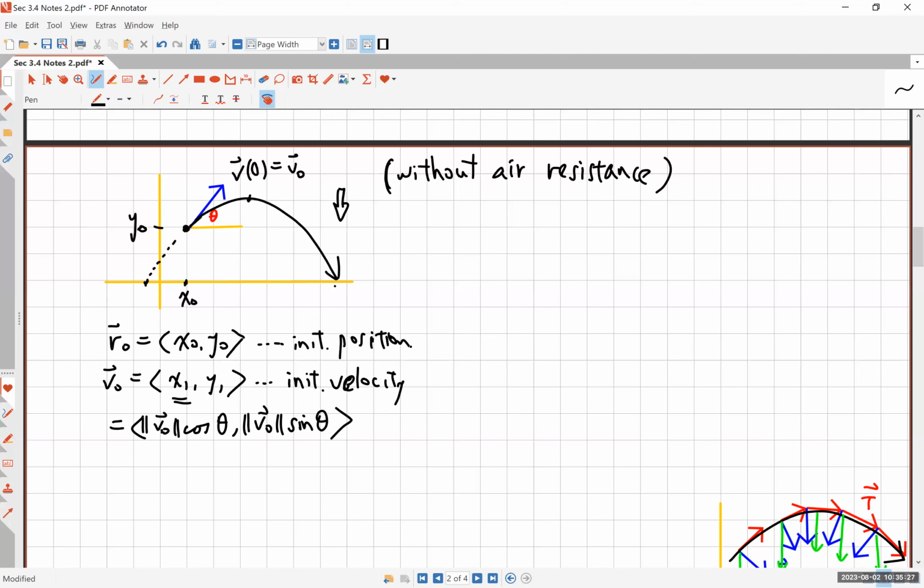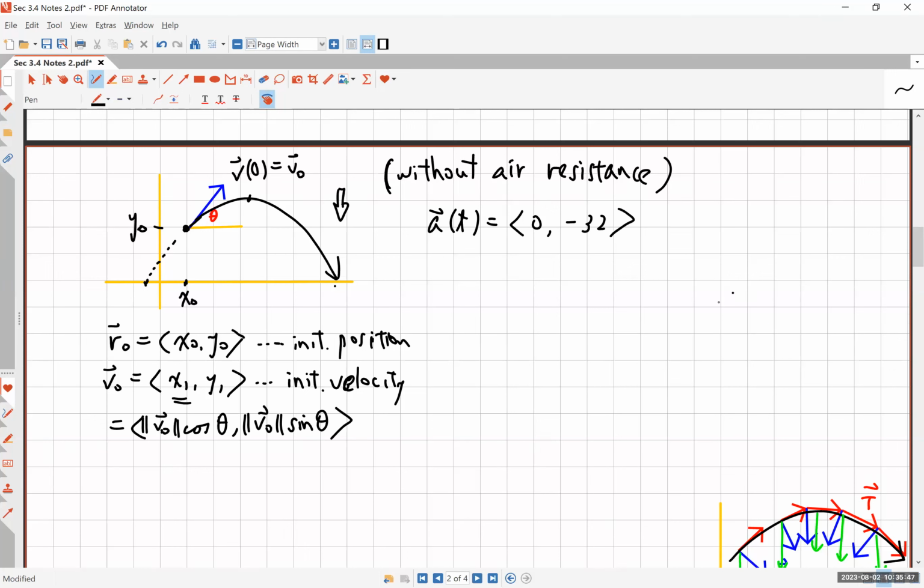But an object is subject to one force, and only one force if you don't have air resistance, and that is the acceleration due to gravity. In this xy coordinate system, it's 0, -32. Where did this number come from?